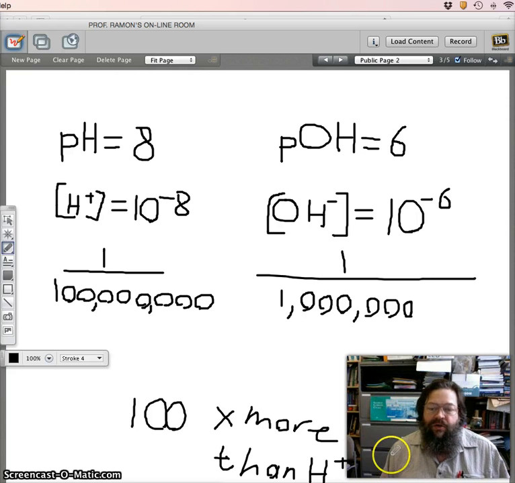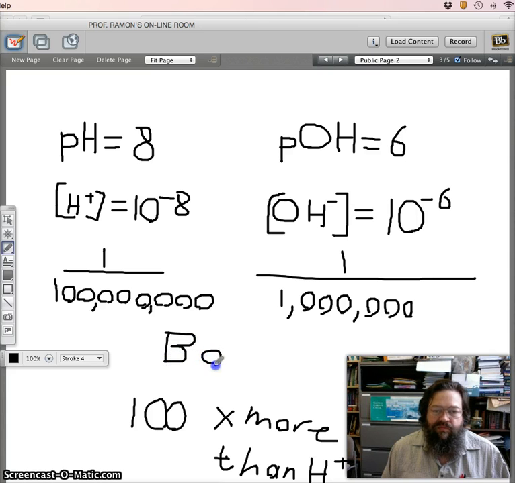If we've got more hydroxide than hydrogen, then that means we've got a base. So these are the kinds of calculations that I'm going to want you to be able to do on the quiz.